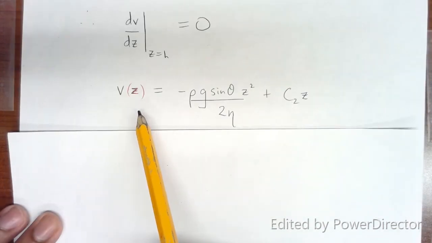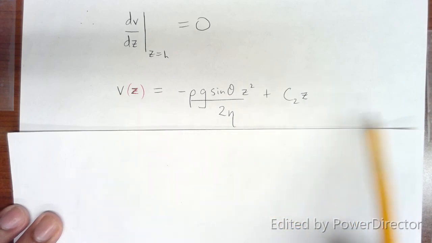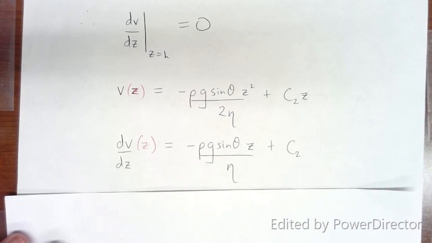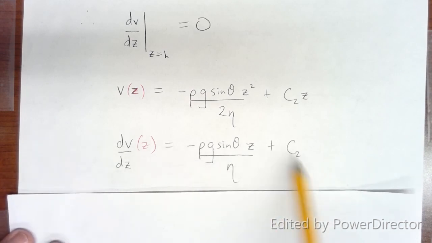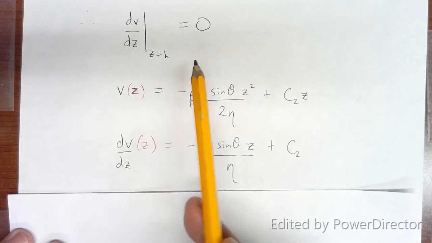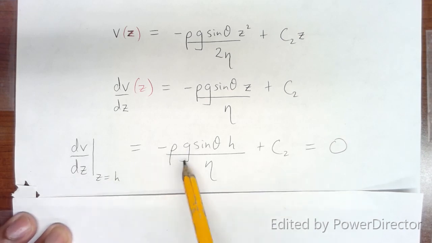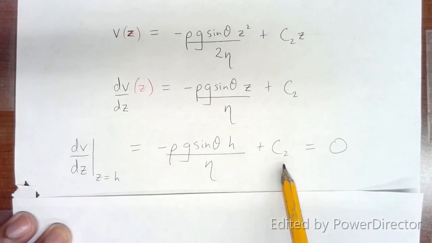So going back to the velocity function, we already got rid of C3, so we're left with this. We take the derivative as a function of z, it is this. We evaluate it at z equals h. So dv over dz evaluated at z equals h is minus rho g sine theta h divided by eta plus C2, and this should be equal to 0.